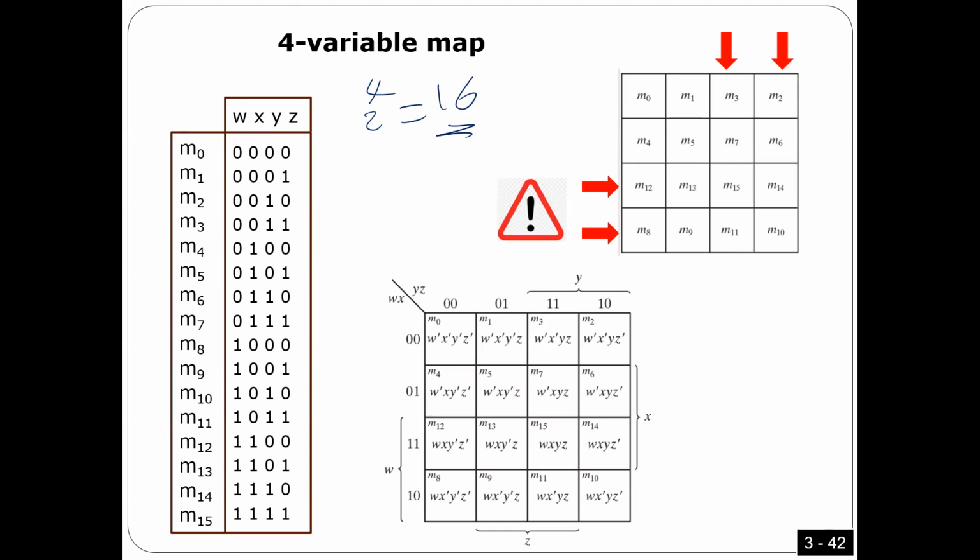But look how we're going to do it. Look here, guys. We have M0, M1, M3 and M2, similar to what we did. So you need to switch the last columns, similar to what I did in 3 variables. And then after that, 4, 5, 6, and 7. So the last 2 are switched. And now, this is different from what I did in 3 variables: I'm also going to switch the last rows.